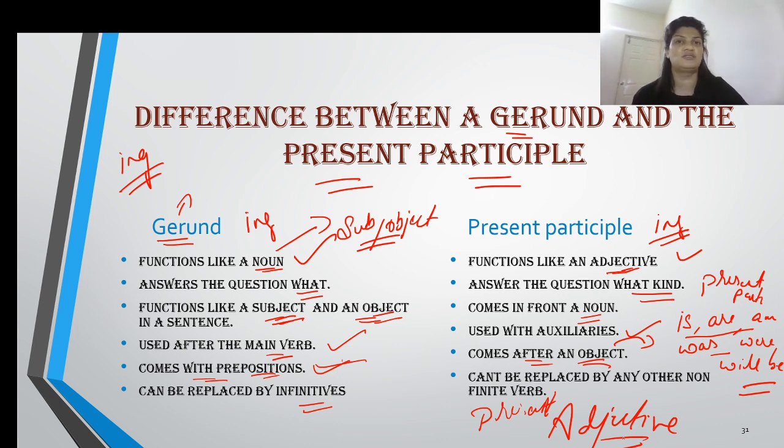Do focus, go through the video once, twice, thrice if need be, and then try to analyze the words, analyze the statements, and see the difference between the two. Very quickly, you will be able to differentiate between a gerund and a present participle.